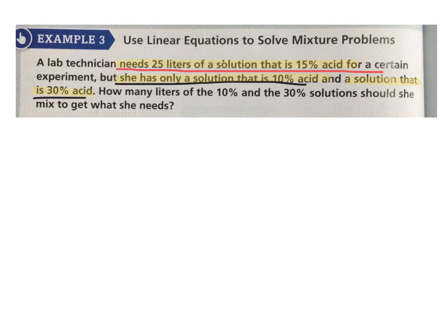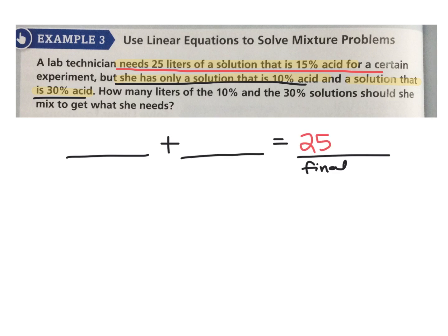Now for solving the problem, this is a similar structure to what I said. We're going to start with our structure, and that is I have 2 things that are combining to create a final mixture. Sometimes we refer to this as part plus part equals whole. I know about my final mixture that I need 25 liters. This is my total amount, 25 liters, of a mixture that is 15%.